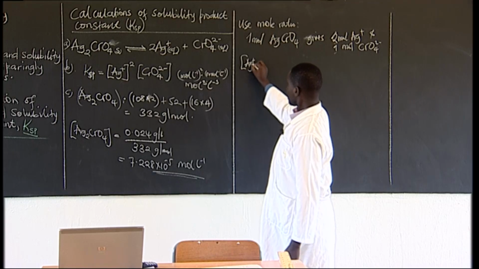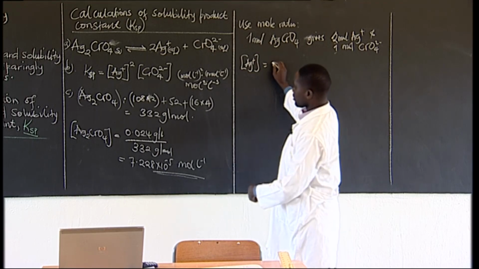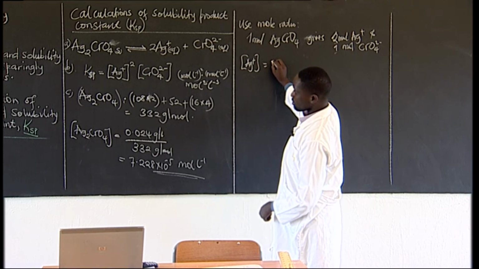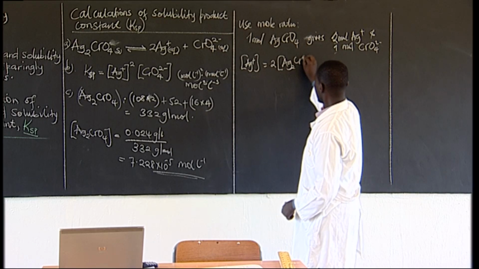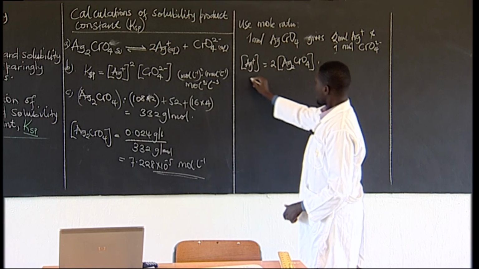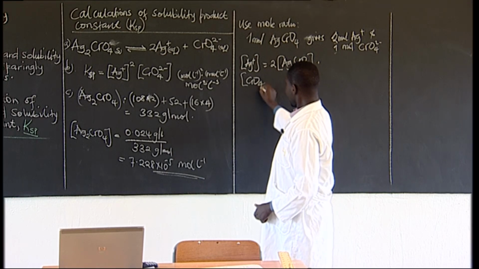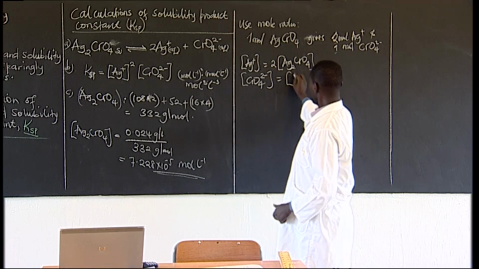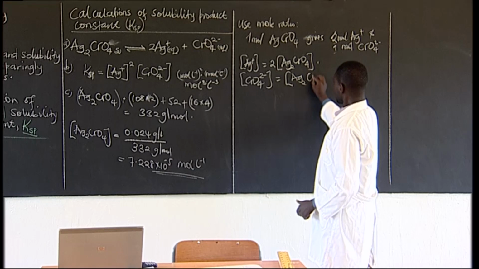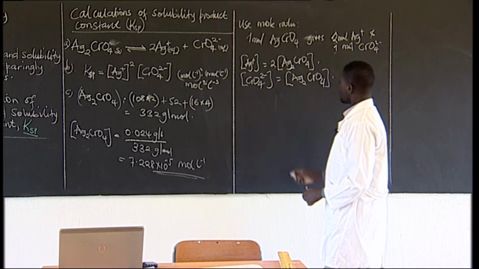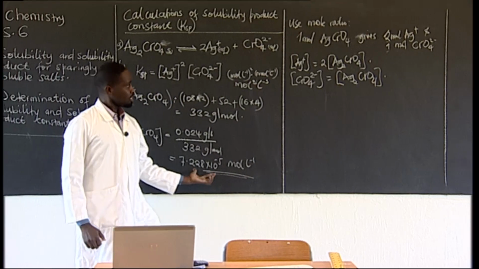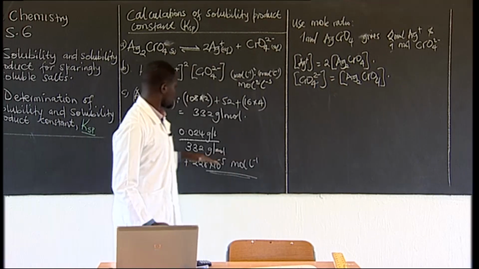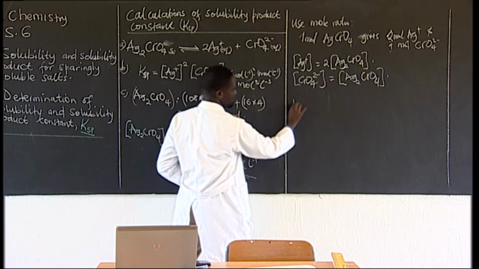The concentration of silver ions will be twice the concentration of silver chromate in solution, and the concentration of the chromate ions will be equal to the concentration of silver chromate. So with us having this ratio, you simply substitute in the KSP.